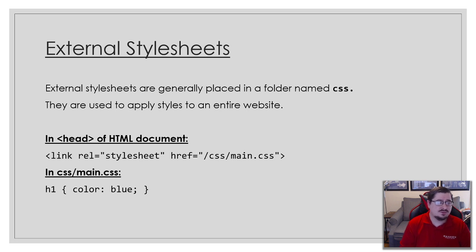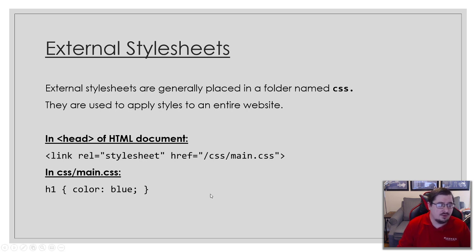So in that external style sheet, you'll have that same rule: H1, apply to all the H1s, color blue. But in this case, because we'll link up this style sheet to every HTML file, this will then change all of the H1s on the entire website instead of just that one page.